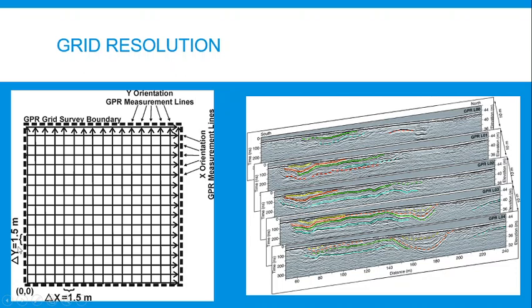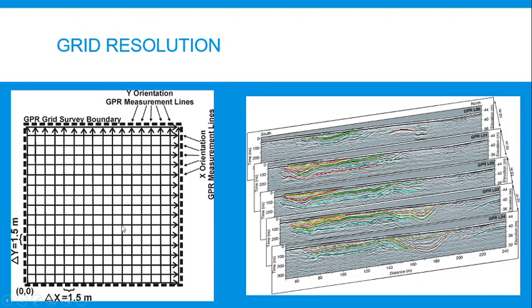Okay, consider what happens if we increase the delta y and delta x. Then the resolution of this grid, so basically the separation of the grid, is going to be decreased.